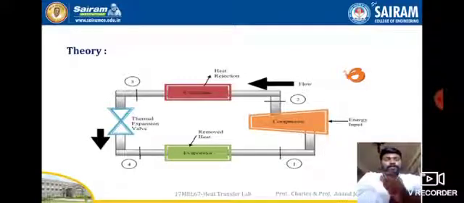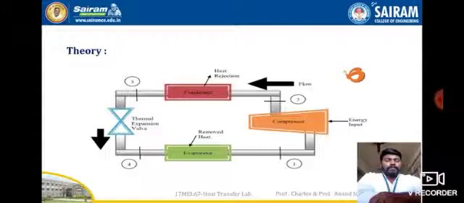If you look at the expansion valve, it is a very narrow path, a kind of spring type material. When the refrigerant flows through that small narrow space, the pressure is reduced. A pressure drop takes place, and then it moves on to the evaporator.